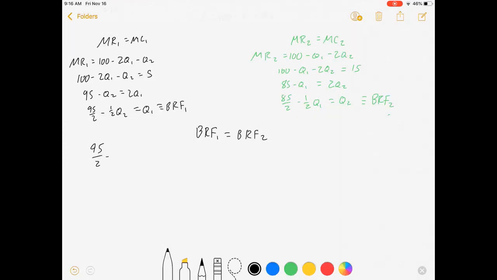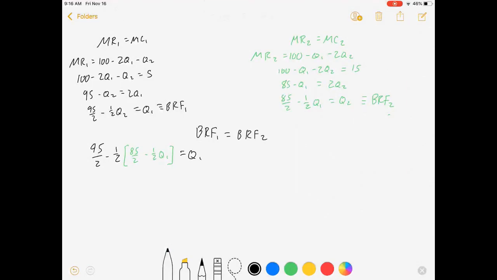95 over 2 minus 1/2 Q2, which is 85 over 2 minus 1/2 Q1, equals Q1.